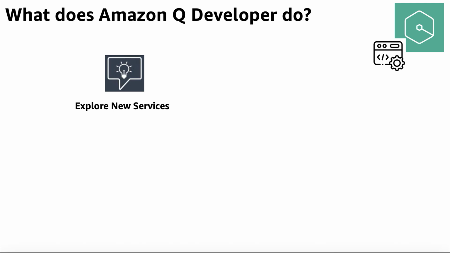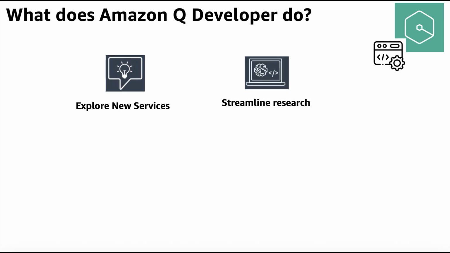It helps you understand, build, extend, and operate Amazon Web Services applications throughout the software development lifecycle. With a deep understanding of your code and AWS resources, it streamlines research, design, coding, testing, debugging, troubleshooting, and modernization.